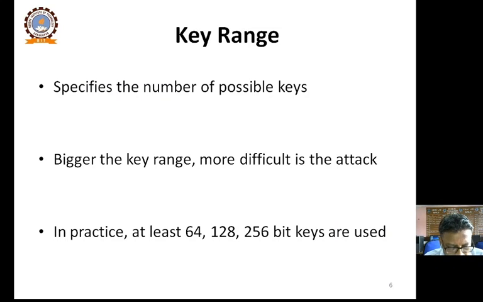So what does key range specify? The key range specifies the number of possible keys. The bigger the range, the more difficult it is to attack, and that is why it is always suggested in practice to use at least a 64-bit key or 128-bit key or 256-bit key.